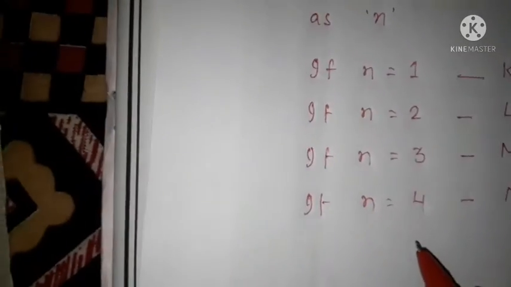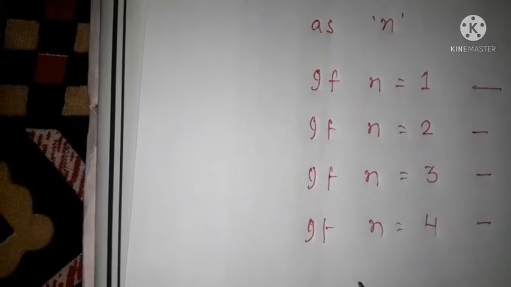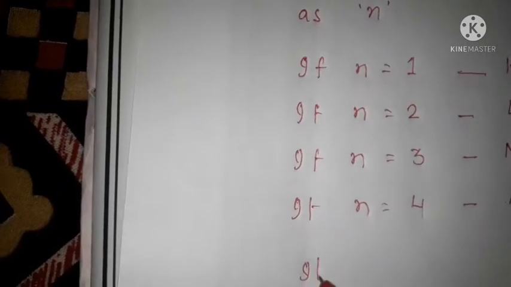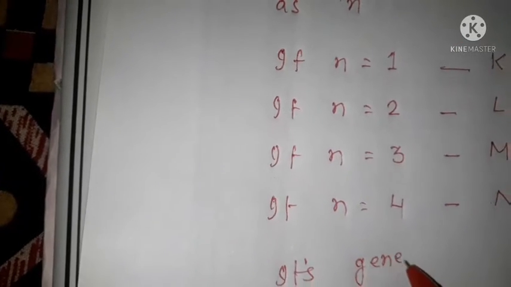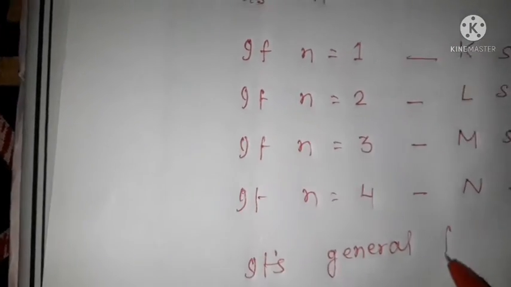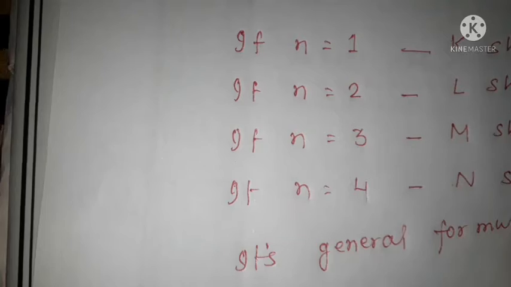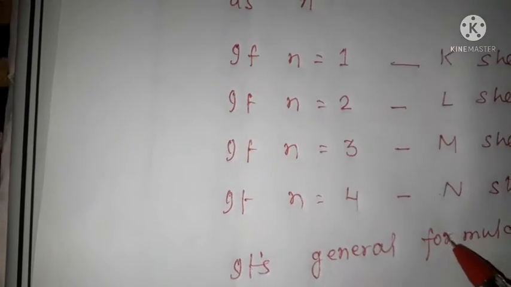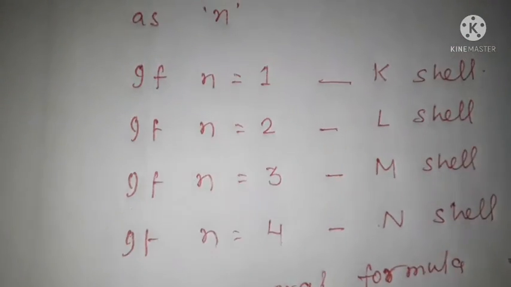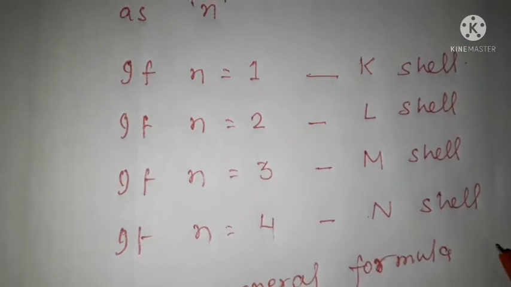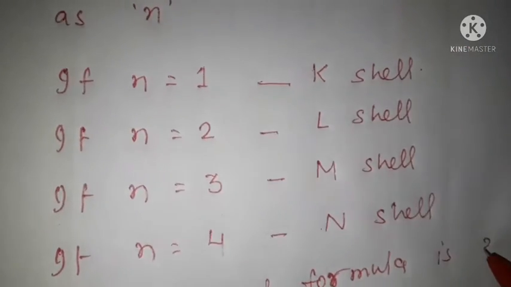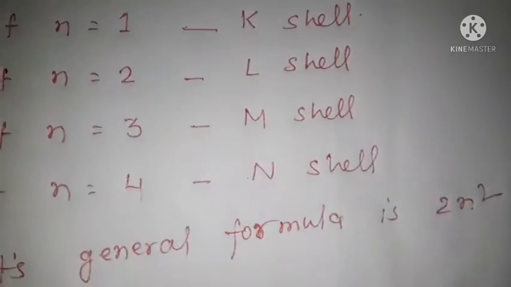We know that its general formula is 2n squared.